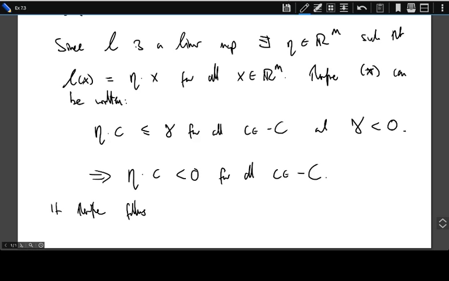It therefore follows that the supremum of eta product C for all C in minus C is less than 0.